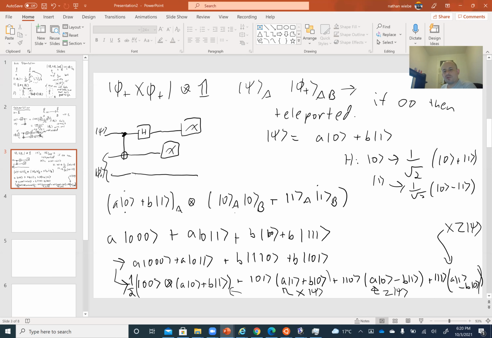Okay, so what this is saying actually is that when teleportation fails, there's three options that we can have. We can have that Bob receives a state that has an X gate applied to it. Bob receives a state that has a Z gate applied to it. Or Bob receives a state that has both the X and the Z gate applied to it.